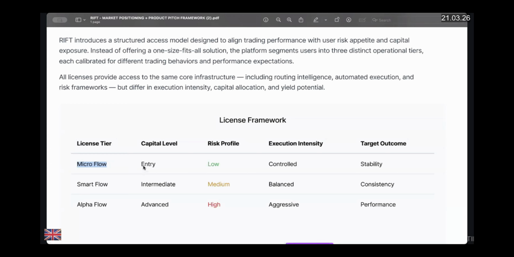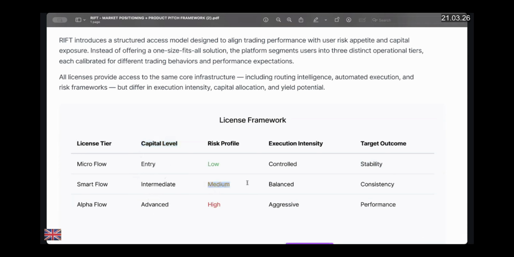The entry level license on which the auto trading engine works with low risk profile and controlled execution intensity, and target outcome is stability in this strategy. Then comes the Smart Flow, in which there is intermediate level of risk. We need to ignore capital level. There is no level of capital entry in all three licenses.